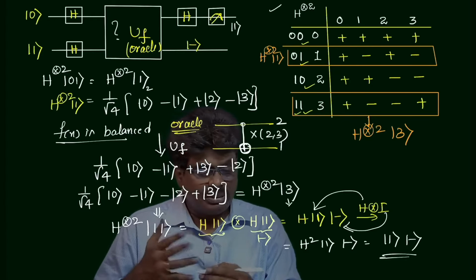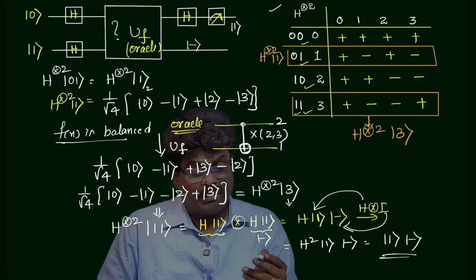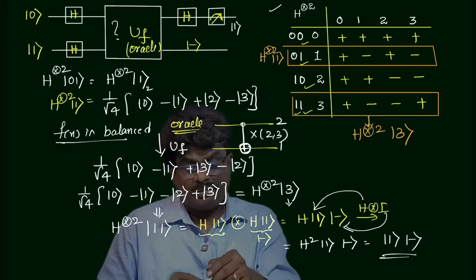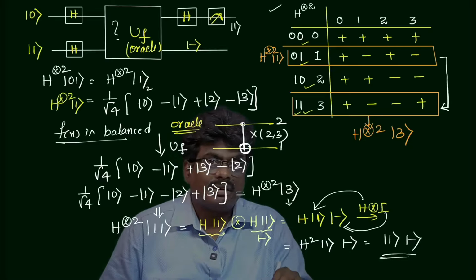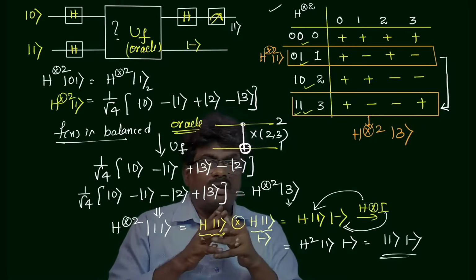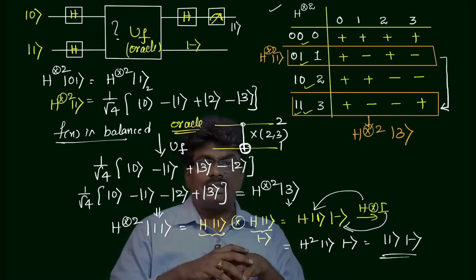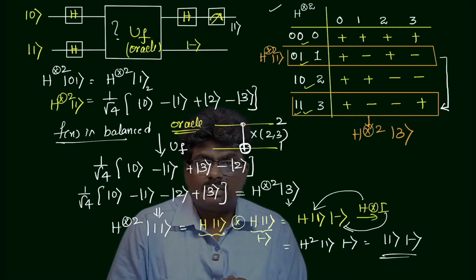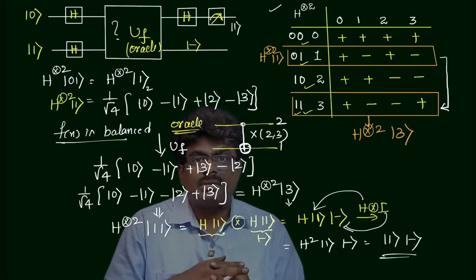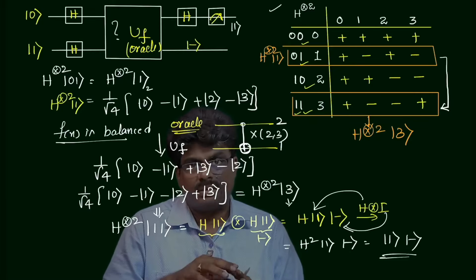Okay. So this is an alternate way. What I have observed is if a function f of x is balanced, we are always getting the last one in the table. That's why this phase table is very crucial. In the next algorithms also we will use this table. By using this table we can solve these circuits very easily.